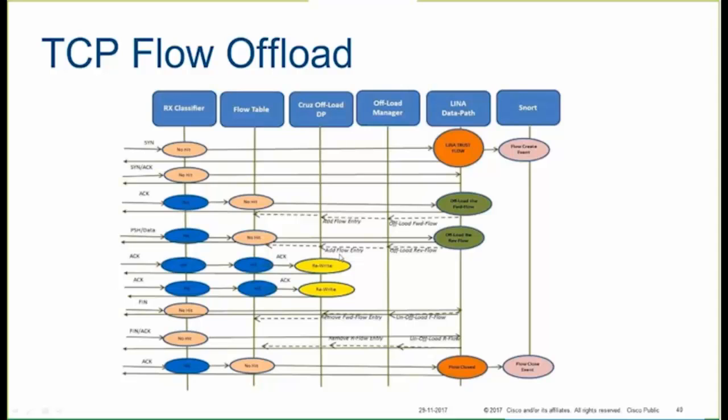So the main thing to note here is, whenever you are performing a flow offload, because the traffic is never sent to the Lena data path, if you are performing any capture for this specific traffic, you would only see about 4 packets initially. After that, because the entire flow is offloaded, you would not see these packets even getting captured on the FTD captures.